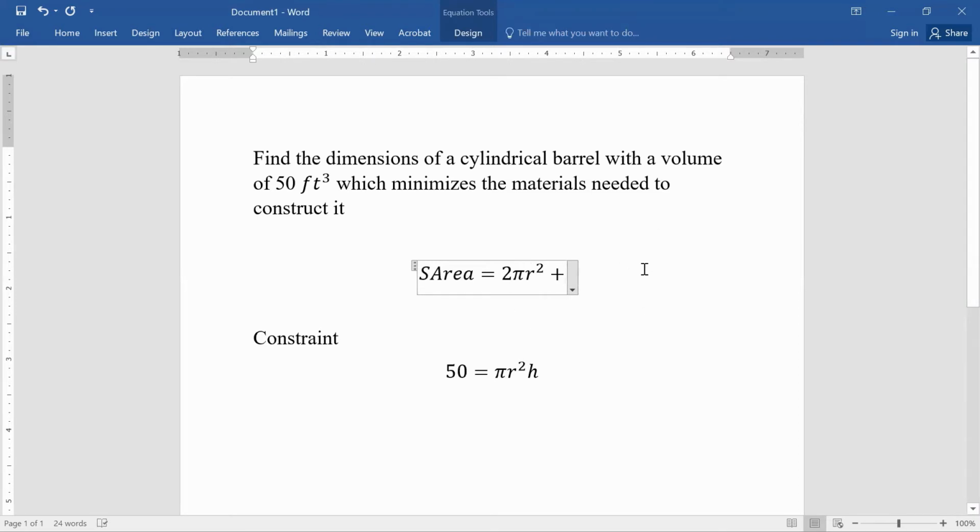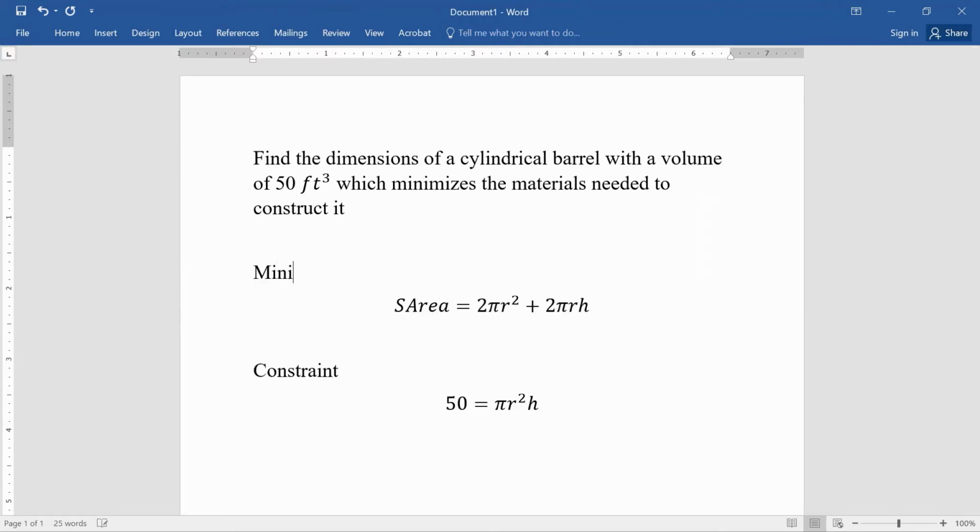Now the outer ring has a height of h, and it has a length of the circumference of the circle, that is 2 pi r. So the surface area is that function there, 2 pi r squared plus 2 pi r h. If you ever have any questions about that, you can always just look it up too.